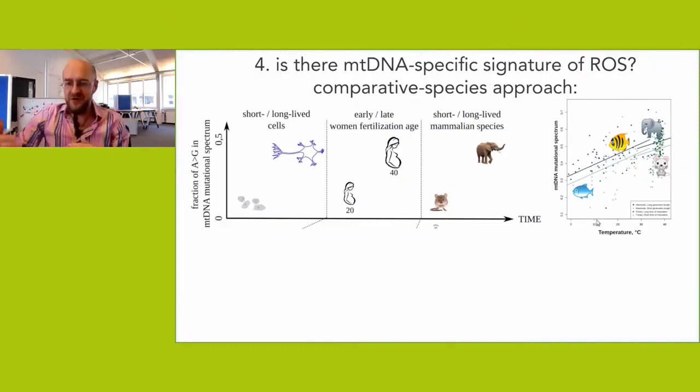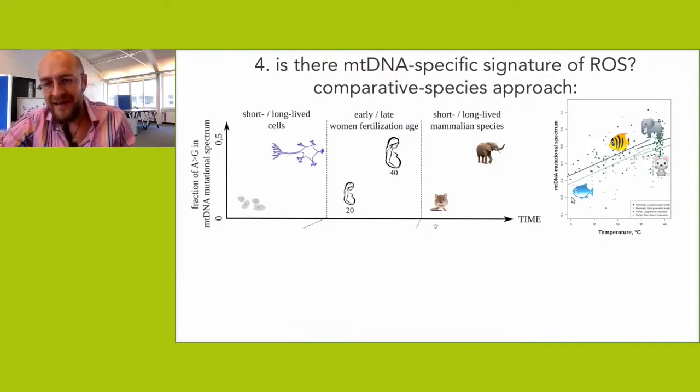And of course, temperature in the case of ectotherms, in the case of fish, is a very strong approximator of basal metabolic rate or oxygen consumption. So oxygen consumption is expected to be very strong in tropical fish as compared to northern cold water fishes.